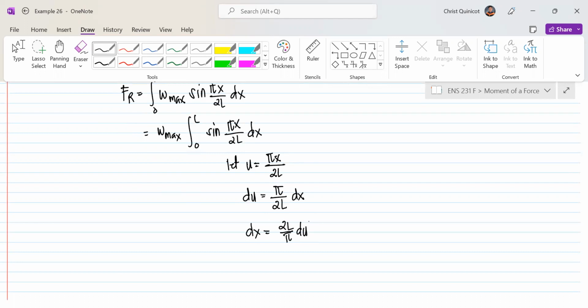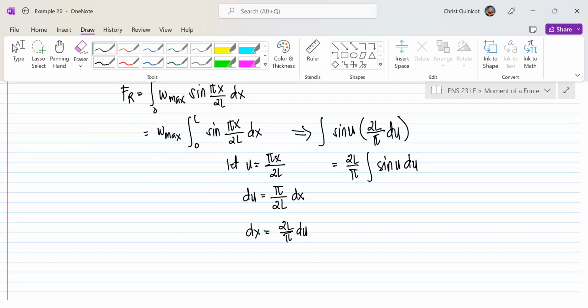Then substitute it here. This becomes the integral of sine u, and dx is 2L over pi du. So this becomes now 2L over pi integral of sine u du.